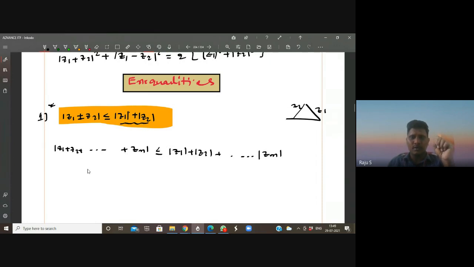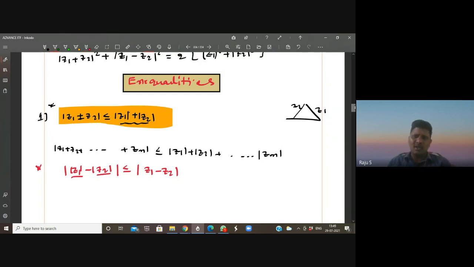Okay, the second property I'm going to write here: modulus of z1 minus modulus of z2 is lesser than or equal to modulus of z1 minus z2. Because modulus means it is positive, modulus is a real number, but minus sometimes becomes plus.